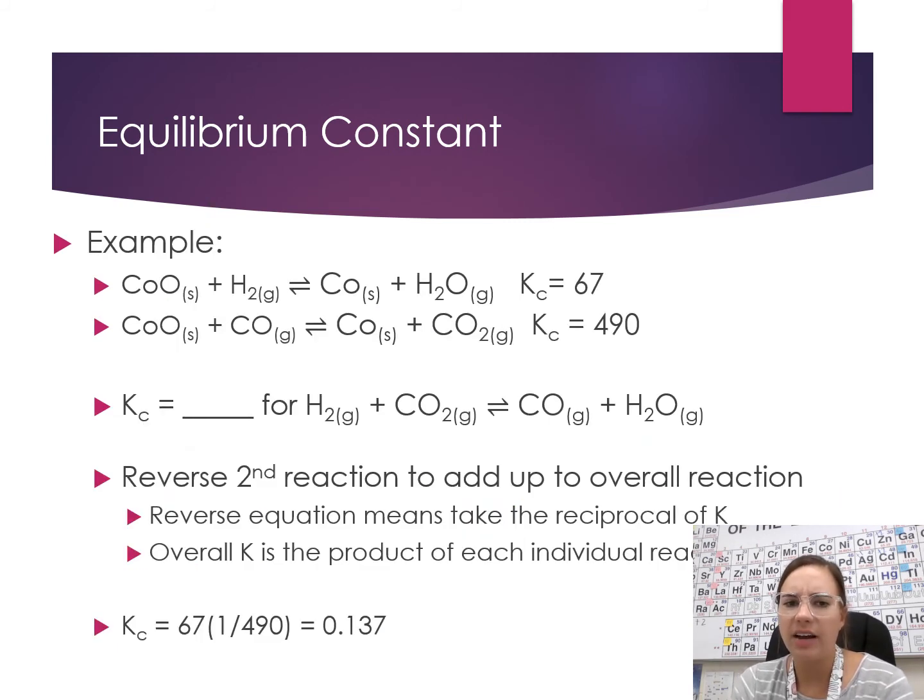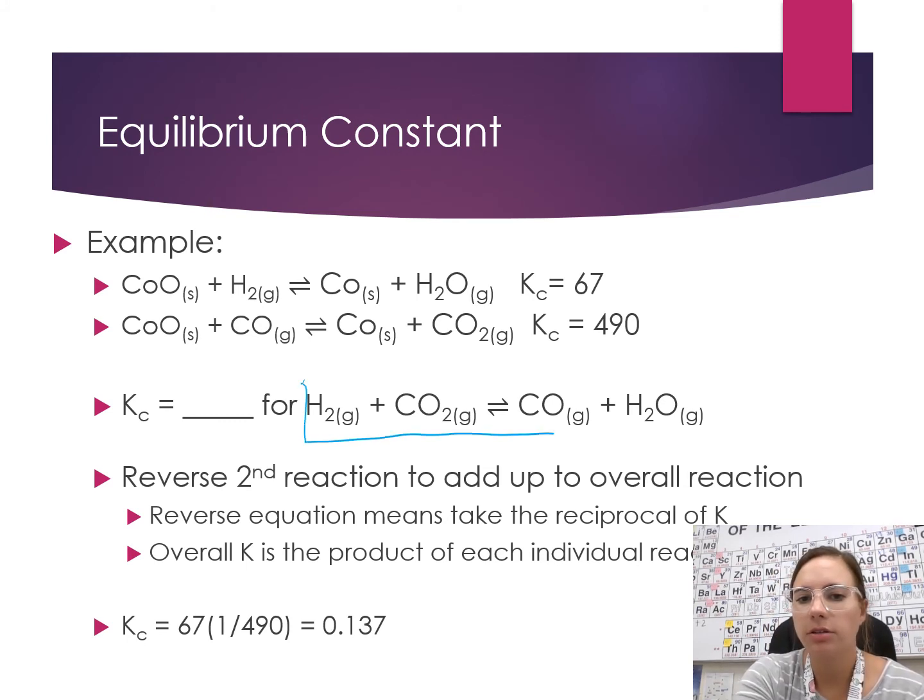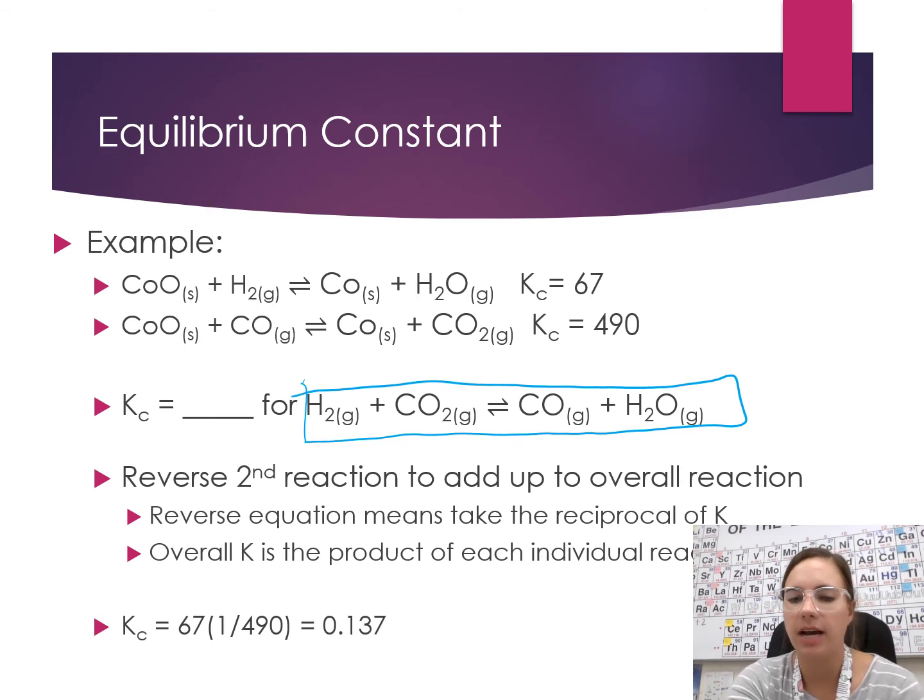So what if I have to do multiple of these rules at the same time? No problem. Here's my overall reaction. Hydrogen plus carbon dioxide is in equilibrium with carbon monoxide and water. Now somehow these two reactions together need to add up to the overall reaction. What I typically do is I look to see if there's a reactant or a product in the wrong spot.